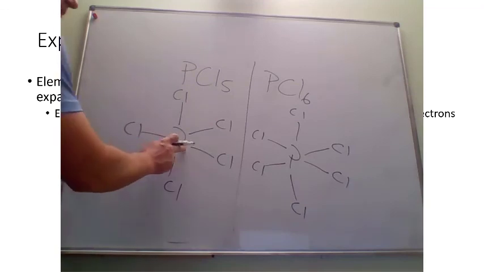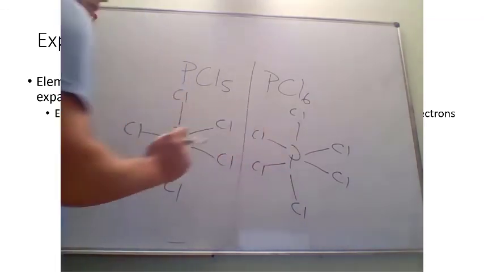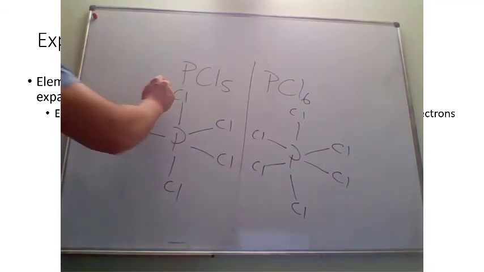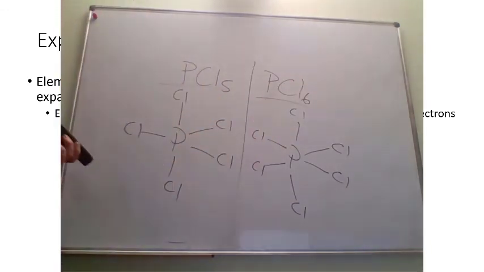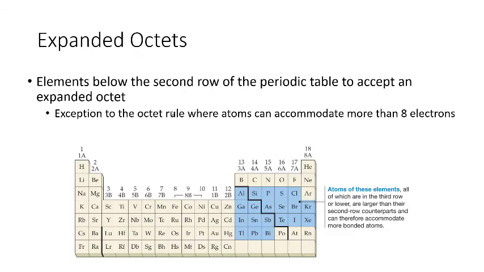And you can see here we have 10 electrons and 12 electrons respectively around those central phosphorus atoms. And so this is what's called an expanded octet. But it's very important to know that the n equals 2 energy level, so if we have a carbon or an oxygen as the central atom, or a nitrogen as the central atom, cannot have an expanded octet. It's only energy level 3 and above.